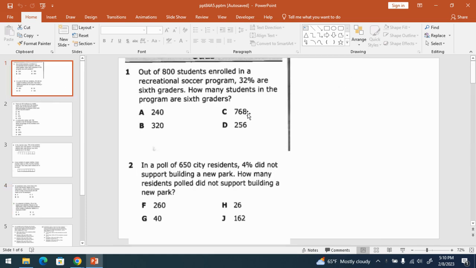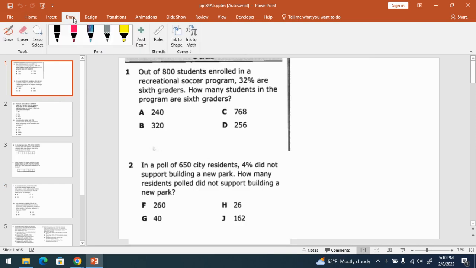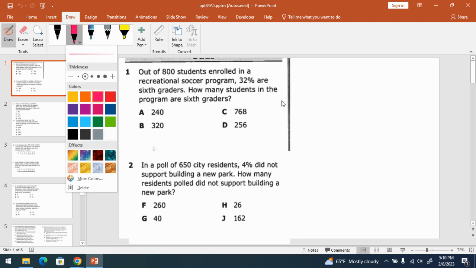Okay. Number one, it says out of 800 students in recreation soccer program, 32% are sixth graders. How many students in the program are sixth graders?